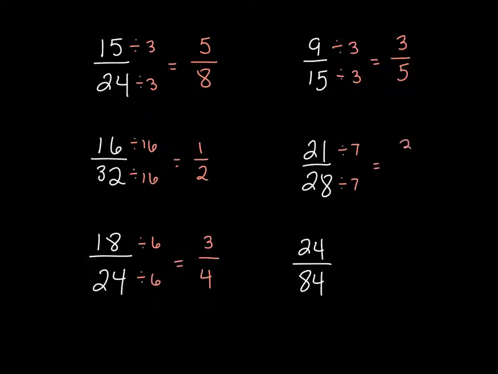So that gives me 3 over 4. 24 and 84 can both be divided by 12. So that gives me 2 over 7.